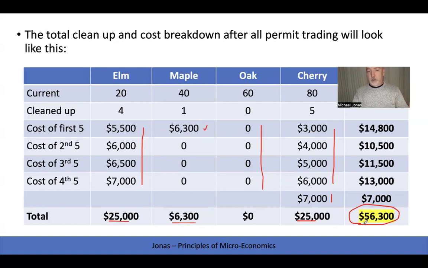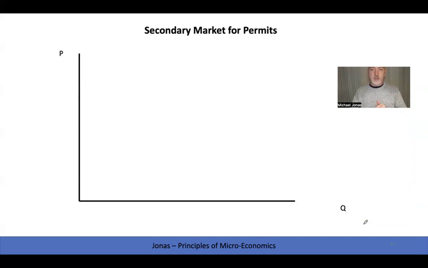And the question didn't actually ask for this, but to get a better visualization, we can kind of sketch out unit by unit what those demand and supply curves are going to look like. So we saw Oak had the highest cost, right, recorded for 7,800. So that's going to be the maximum willingness to pay for that first permit on the demand side.